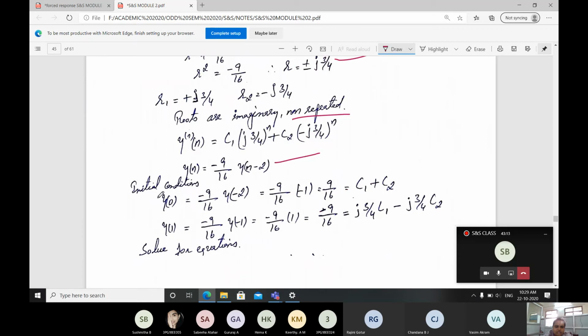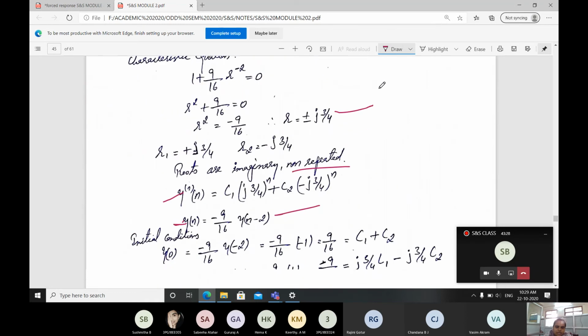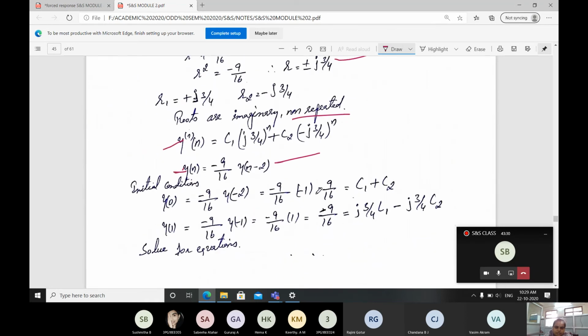Then for the initial conditions, you have to substitute n as 0 in this equation and in the natural equation, both. When n is 0, minus 9 by 16 y of minus 2, where y of minus 2 is minus 1. Substitute that and you will be getting 9 by 16. When n is 0, you will be getting c1 plus c2 in the other equation.